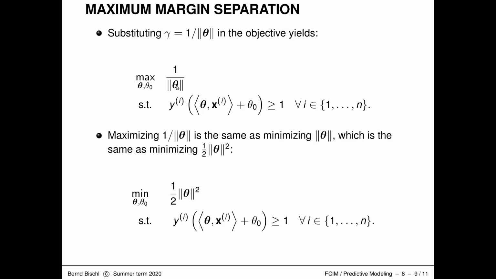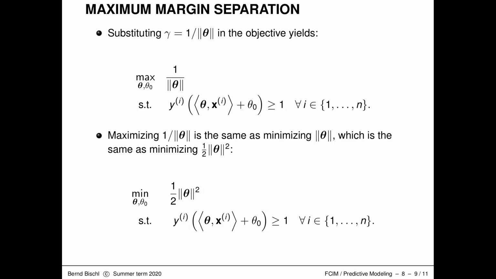And the last rearrangement I have to make is to see that instead of maximizing this, I could also minimize the inverse. So I could minimize the norm of theta, and then instead of minimizing this, I could also minimize its square, or 1/2 times the squared norm.